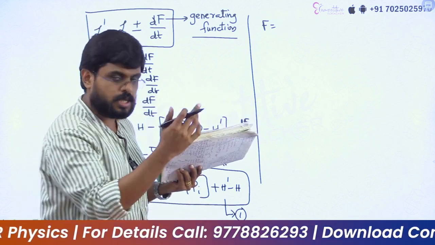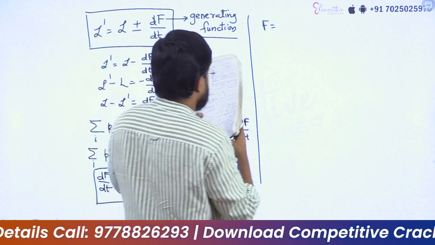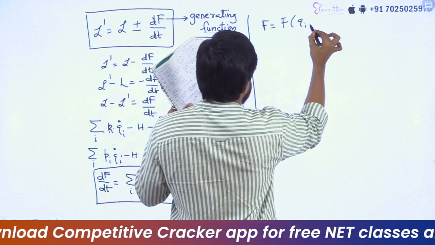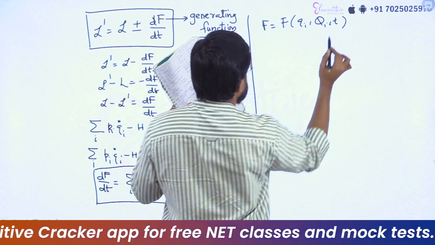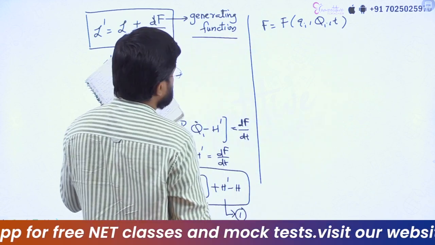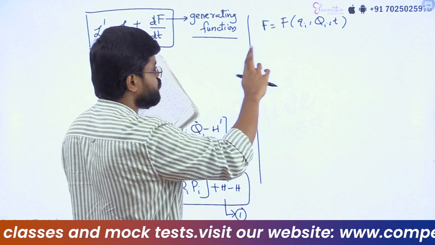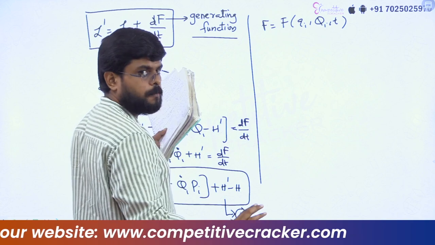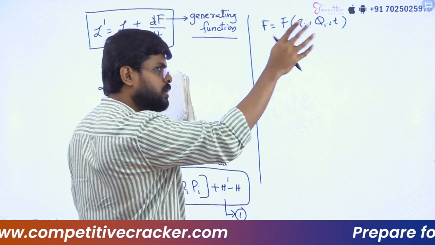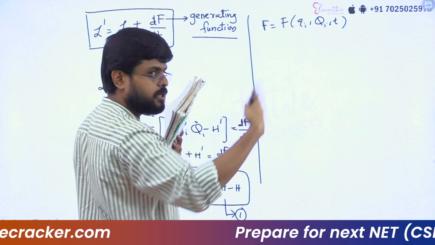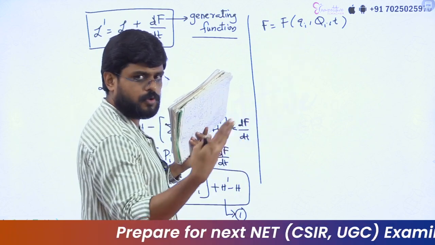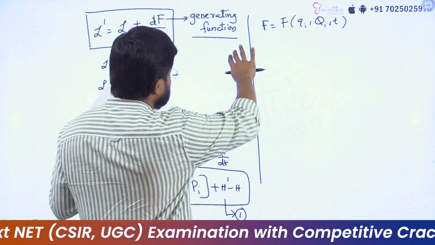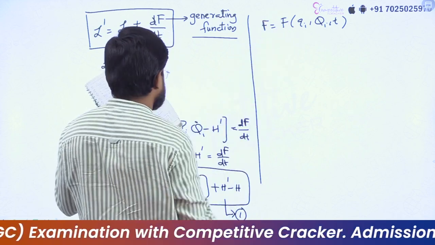I am taking F as a function of small qi, capital Qi, and t. Let this be my generating function. The generating function can be of the type q, Q, p, P, q, P, and so on. Four forms are there: F1, F2, F3, F4.